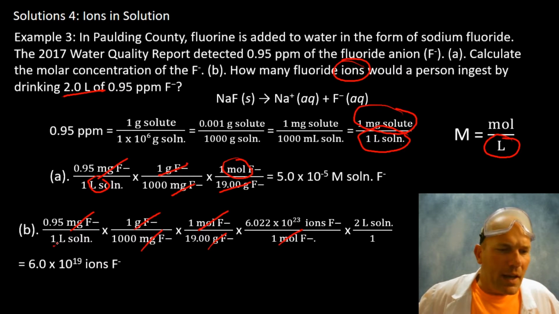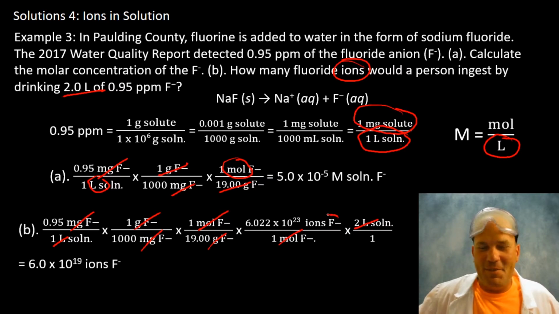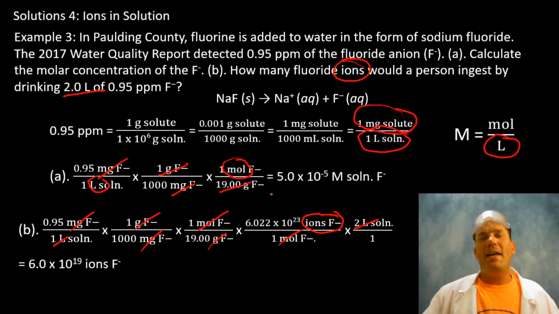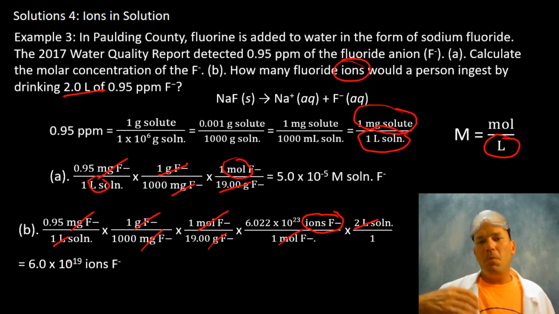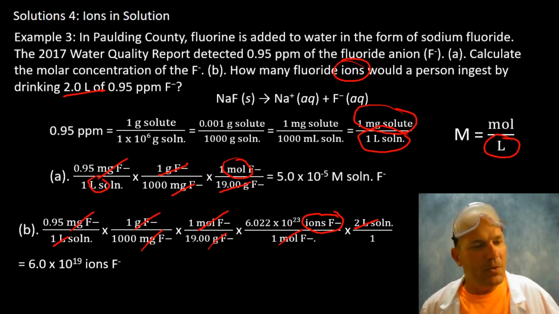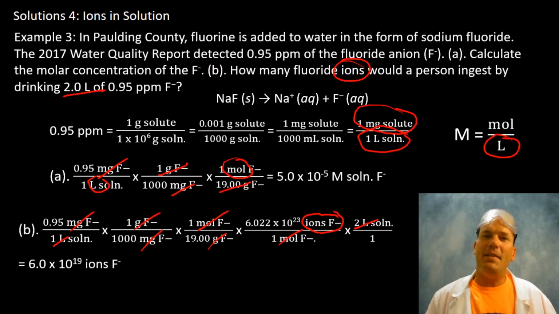And that's going to cause liters way over here to factor out. It's going to leave us with ions. The problem is asking how many ions would a person ingest. If you multiply everything on top and divide by everything on the bottom, you're going to get a final answer with 2 significant figures of 6.0 times 10 to the 19th fluoride ions.